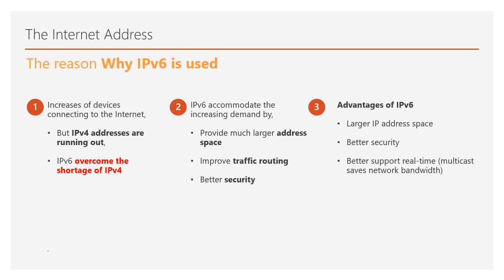IPv6 is used to overcome the shortage of IPv4. Another reason IPv6 has become popular is that it provides a much larger address space and improves traffic routing compared to IPv4.